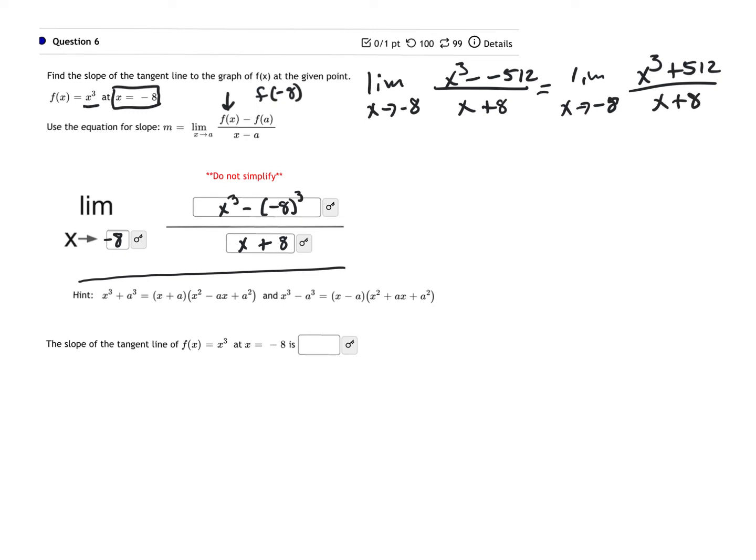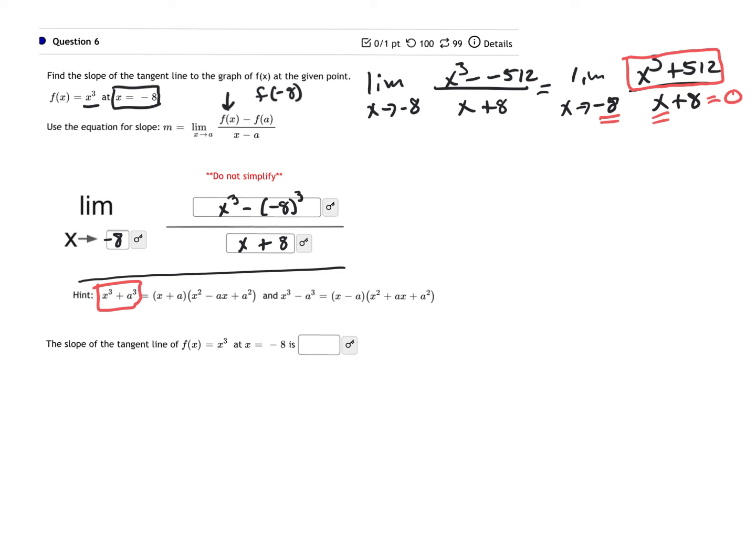Now normally what we'll do is see, can I take this -8 and put it in for x and get an answer? Well, the answer is no, because if I do that, I'm going to end up with a 0 on the bottom. So now I have to take this top part and expand it. Well, that looks a lot like this. I have x cubed plus a cubed.